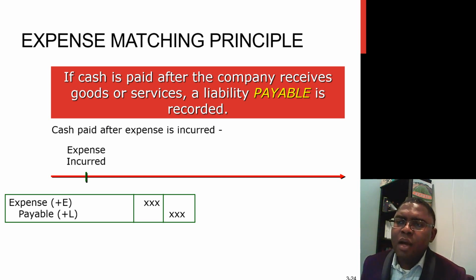So the expense account is being recognized, and a liability account known as payable is also being recognized. Expense is going up, so it takes a debit balance. Payable is a liability that is going up, and increases in liability take a credit balance. So expense is debited, payable is credited.